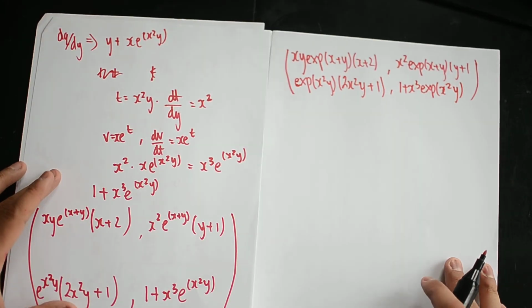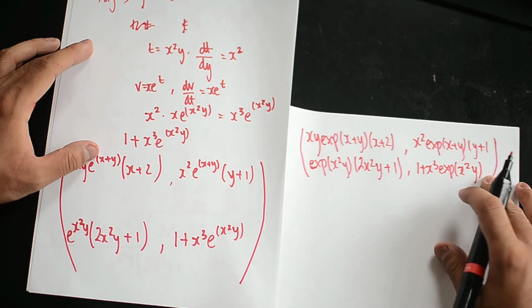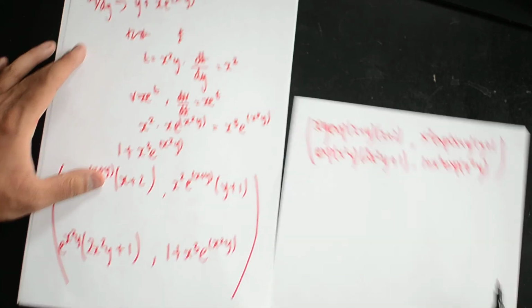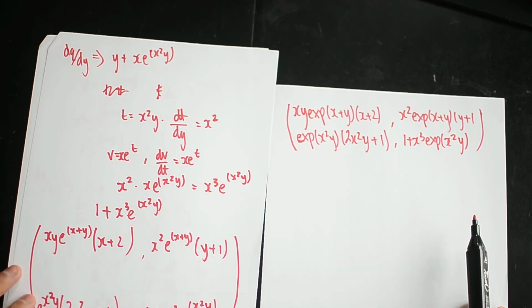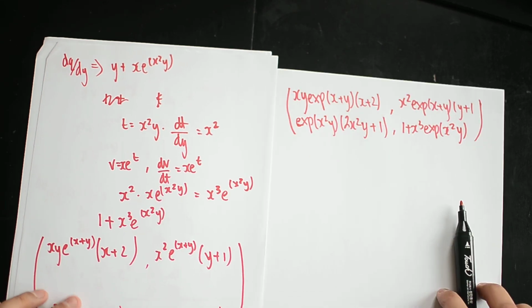So do you see how all I've done right here is change the e's into actually writing exp? Sometimes they write this in the answer booklets. It's entirely up to you, but both of these are right for this question.